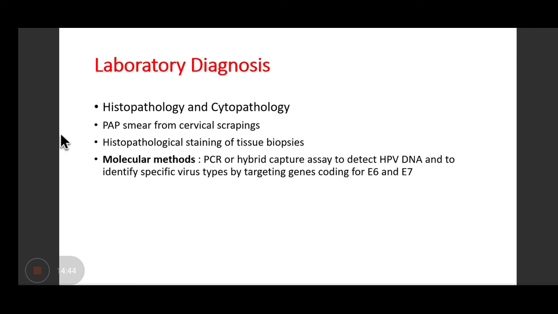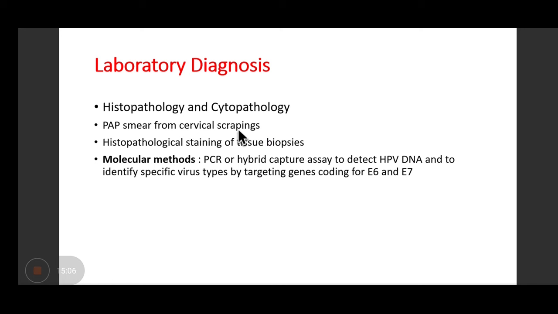So how we will diagnose this particular infection is, we depend upon histopathology and cytopathology. In women, to identify the cervical lesions, both benign and malignant, we depend on the Pap smear. This is the screening method. Here we look for the precancerous cells.